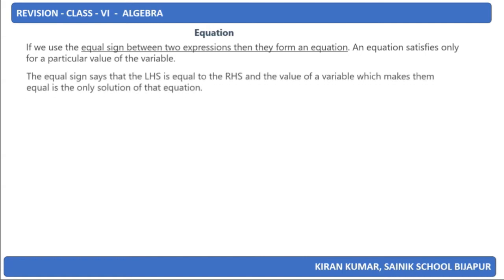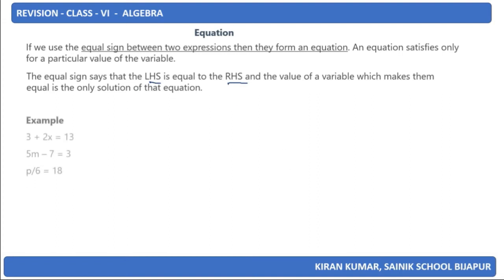The equal sign says that the left hand side is equal to the right hand side, and the value of a variable which makes them equal is the only solution of the equation. So the solution means the value of the variable which makes the left hand side and right hand side equal.